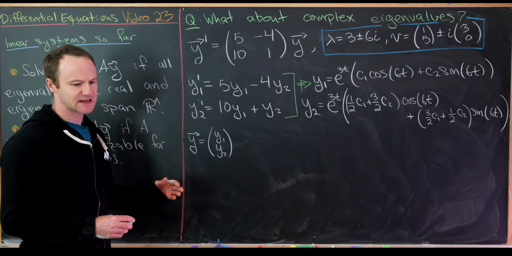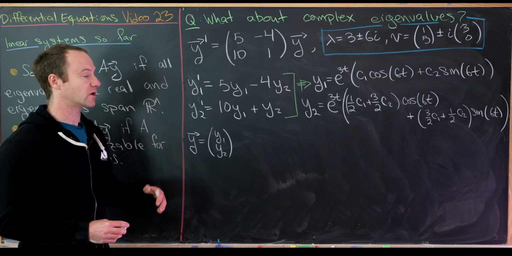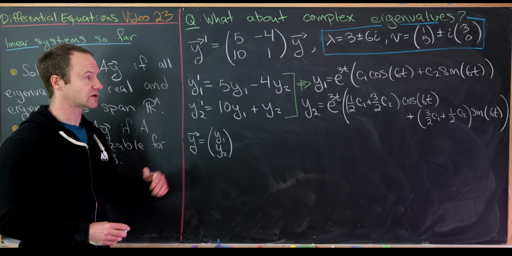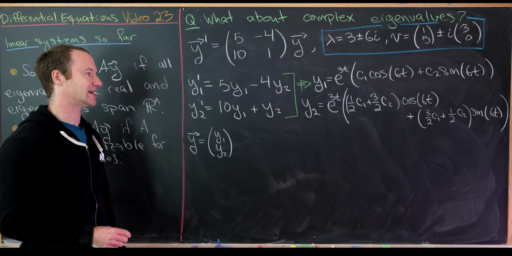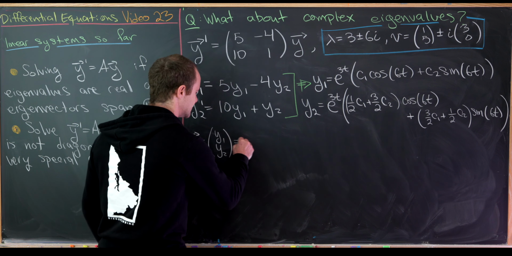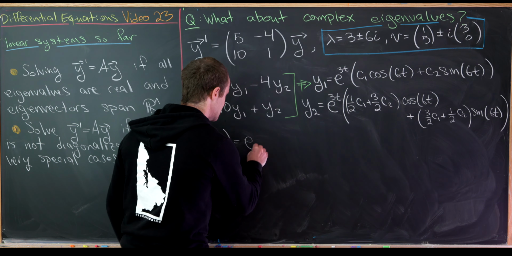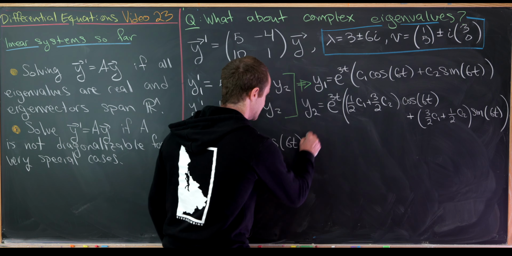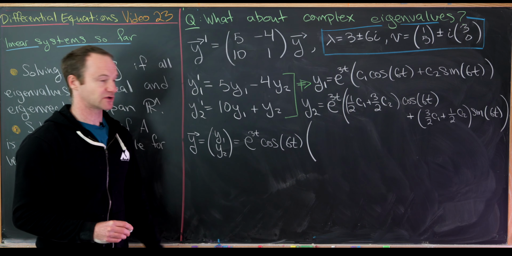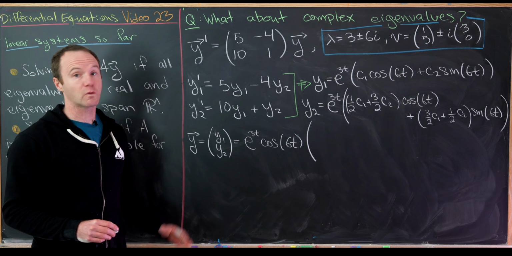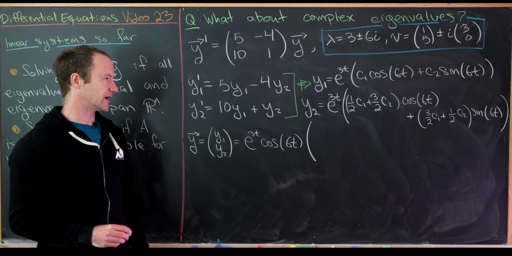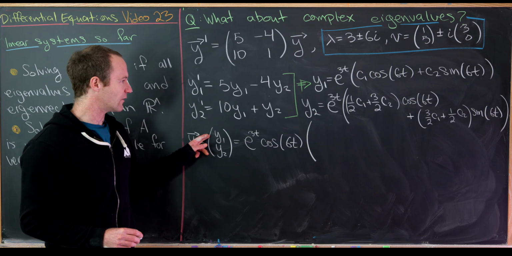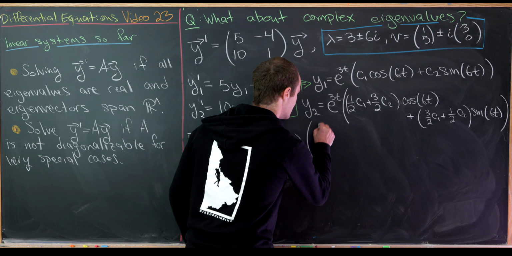So I'm going to put this together into e to the 3t cosine terms and e to the 3t sine terms. So let's see, first off, I'll have e to the 3t and then cosine of 6t. And now let's see what vector is multiplied to this, or what direction this function is pointing in. For y1, our coefficient is c1.